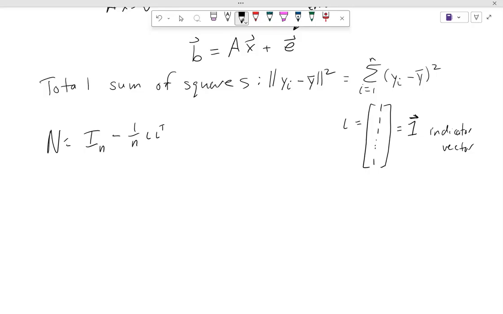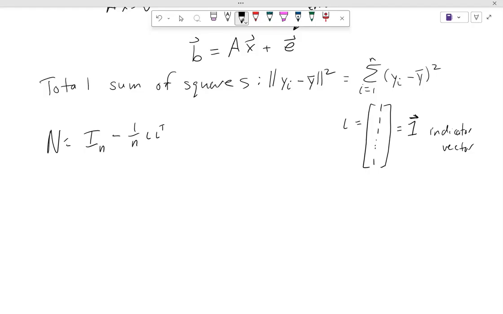So that's why I've got the little vector notation. This iota is literally just a vector full of ones. We have to be fancy in math. We have to use Greek letters. Yep, it's just one column.